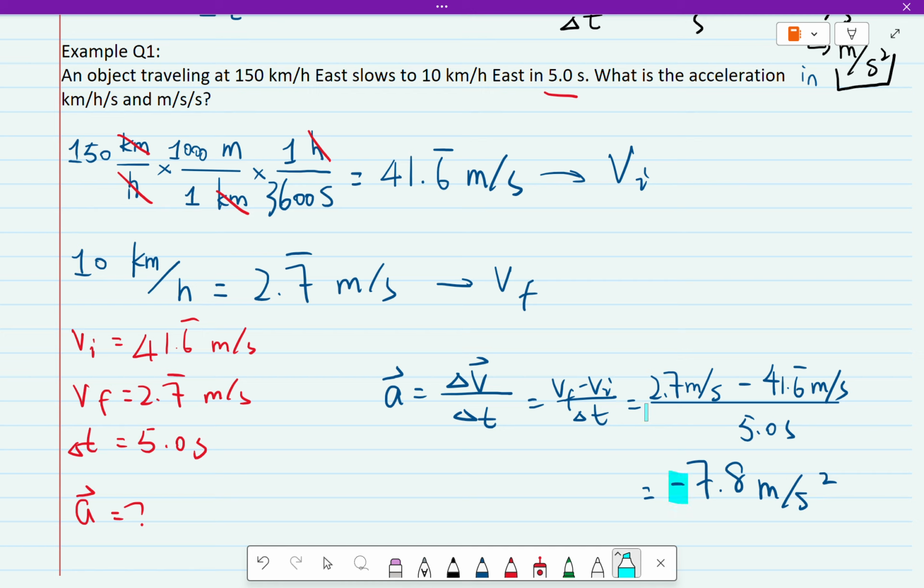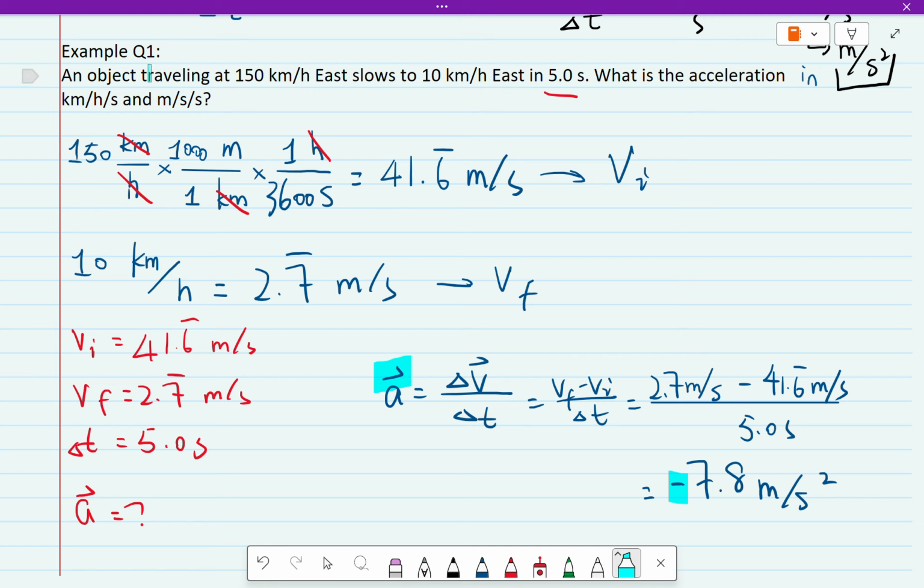So if we have a negative sign in the acceleration, this actually means that the direction of this, since the acceleration is a vector, so it definitely has a direction. And the negative sign actually indicates that the direction of this acceleration is against the motion of this object.